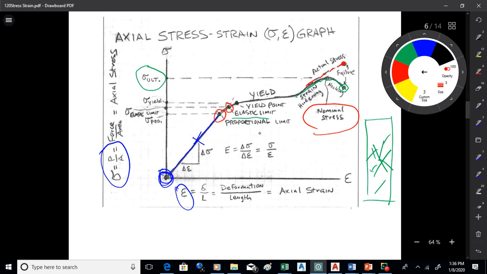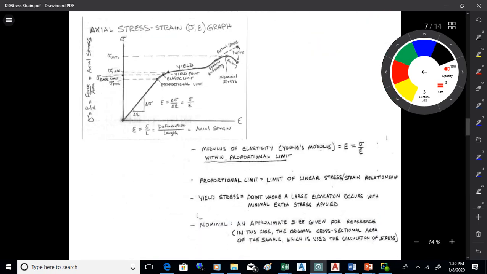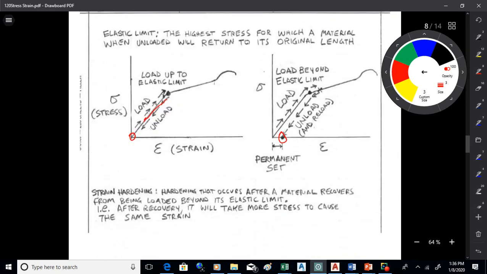And then the yield point is the point where this yielding phenomena starts to occur, where the graph really flattens out. And for a small change in load, you get quite a bit of elongation. Okay, so those are the 3 points in there. All right, we got permanent set there.